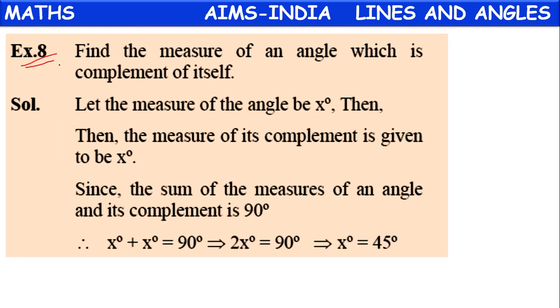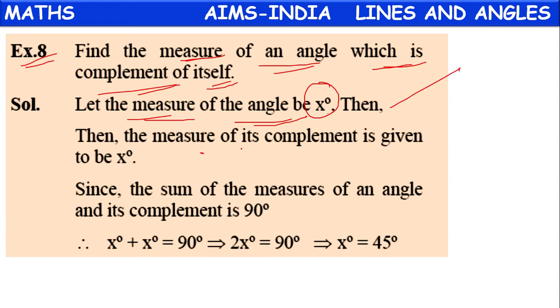Next one, example 8. Find the measure of an angle which is the complement of itself. Let the measure of the angle which is the complement of itself be x degrees.